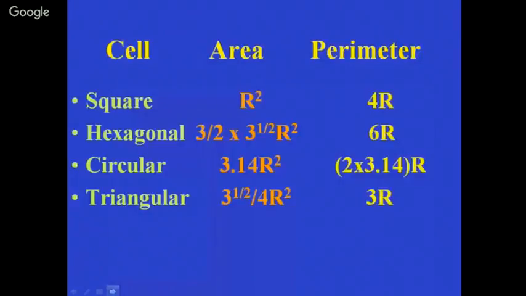See, these are the cells, this is the area, this is the perimeter. Square, not useful for transmission, we have already discussed. Area is R square, perimeter 4R. Triangle also not suitable because of the gap, whether you take internal or external.